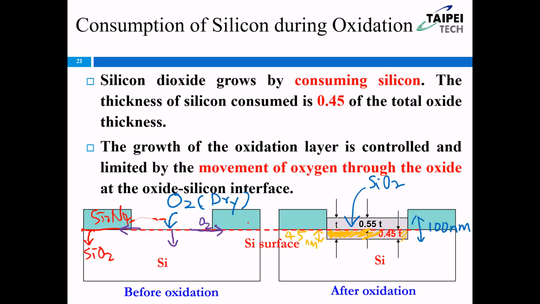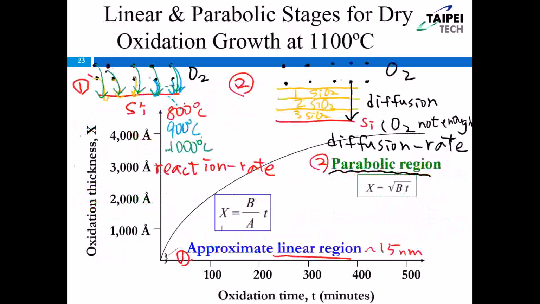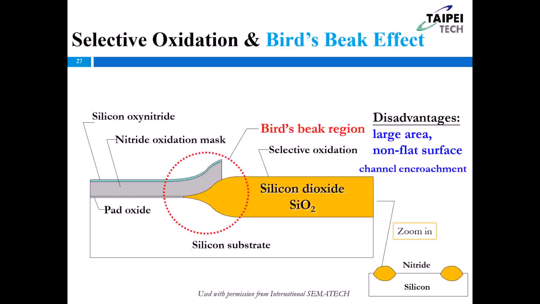Okay, so if the oxygen goes to the left side, what happens? It means we also have oxide growth here.